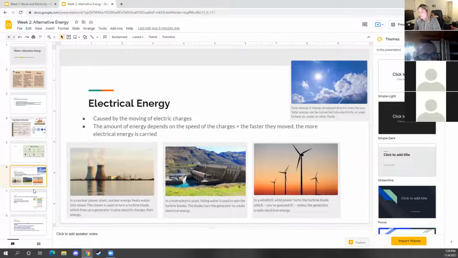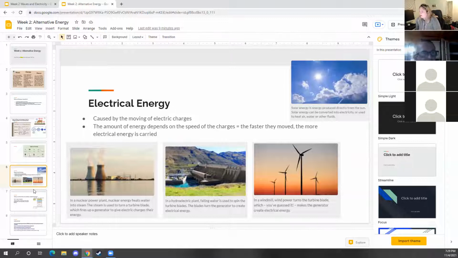The steam is used to turn a turbine blade, mechanical energy, which fires up a generator to give electric charges their energy, electrical energy. At the most basic level of understanding how we're harnessing energy and electricity, we're taking forms that are readily available and easy to harness, and converting them into forms that are useful for us, like electrical energy.